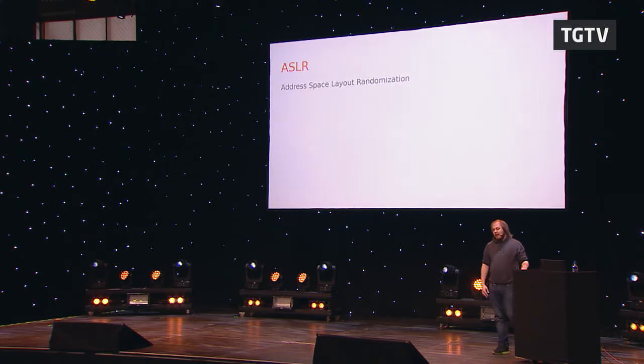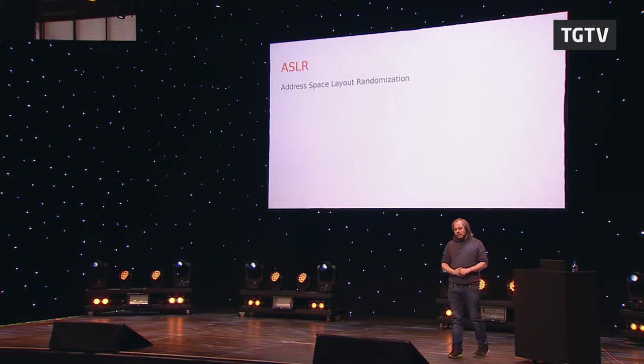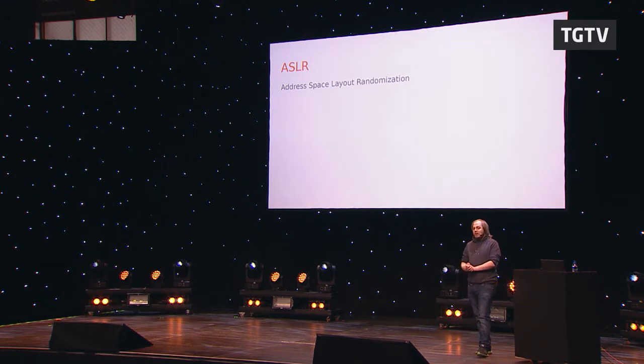ASLR. All OSs today use something called address-space layout randomization. What that does is the way your memory layout looks every time you run a process is going to be different. They're randomized; I think the example from Windows Vista was that your memory can look one of 256 different ways.